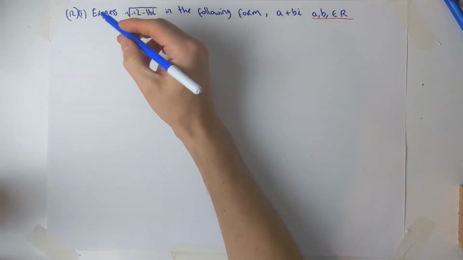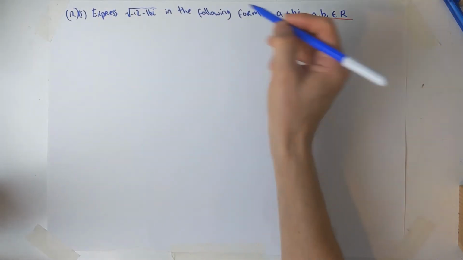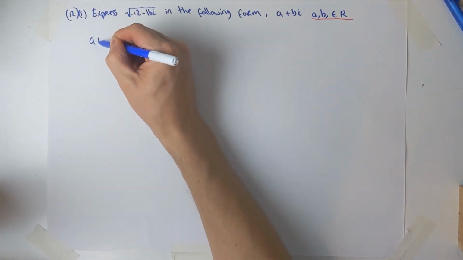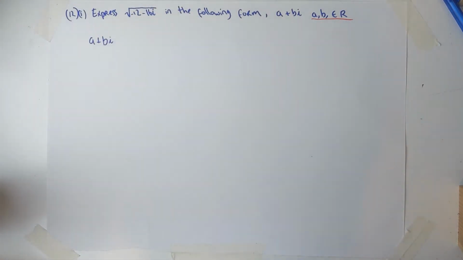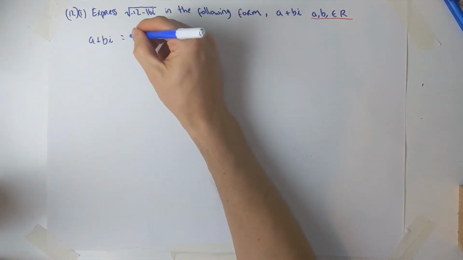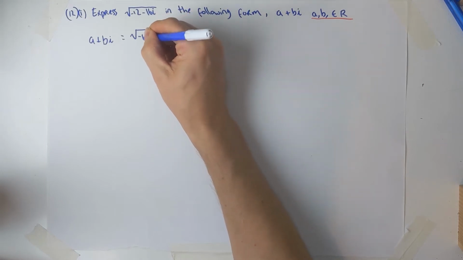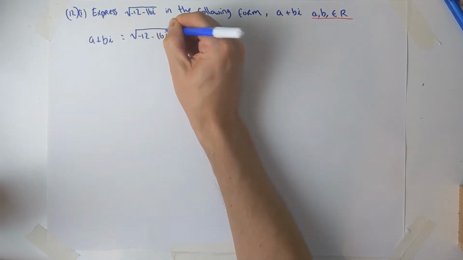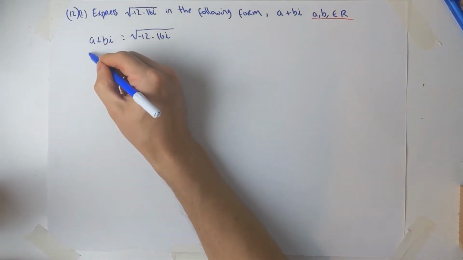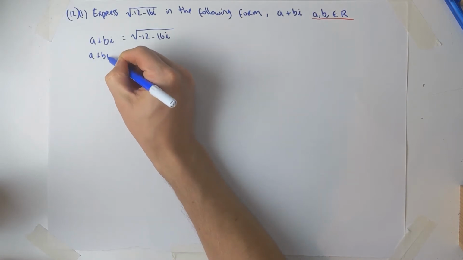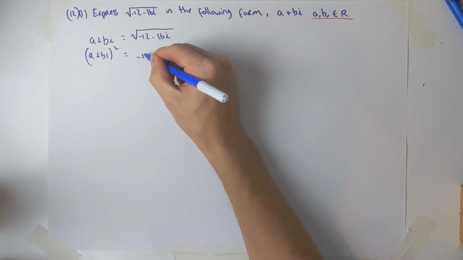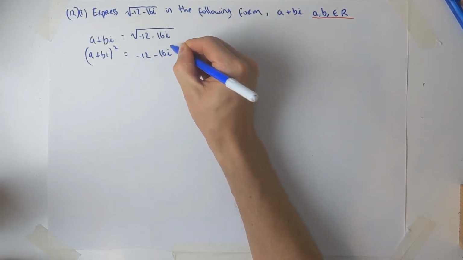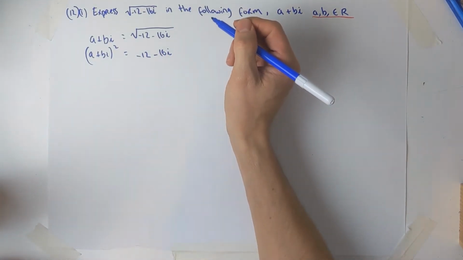So in other words, you say a plus bi is equal to the square root of minus 12 minus 16i, which of course means a plus bi, squared, is equal to this complex number, minus 12 minus 16i.